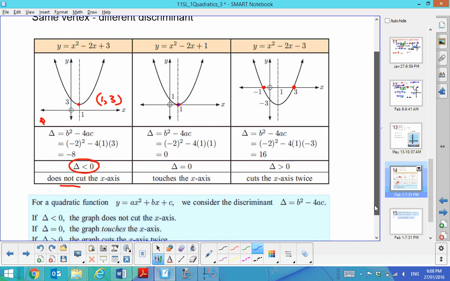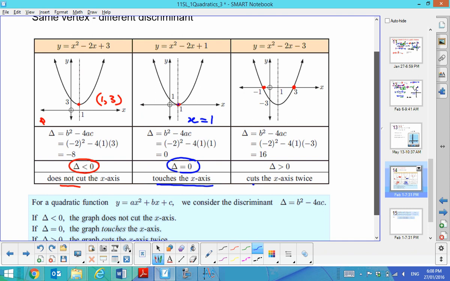Next one, where it touches once, then the discriminant equals 0, and you can do the calculation for that, and you will know that that must be our axis of symmetry at x equal to 1.